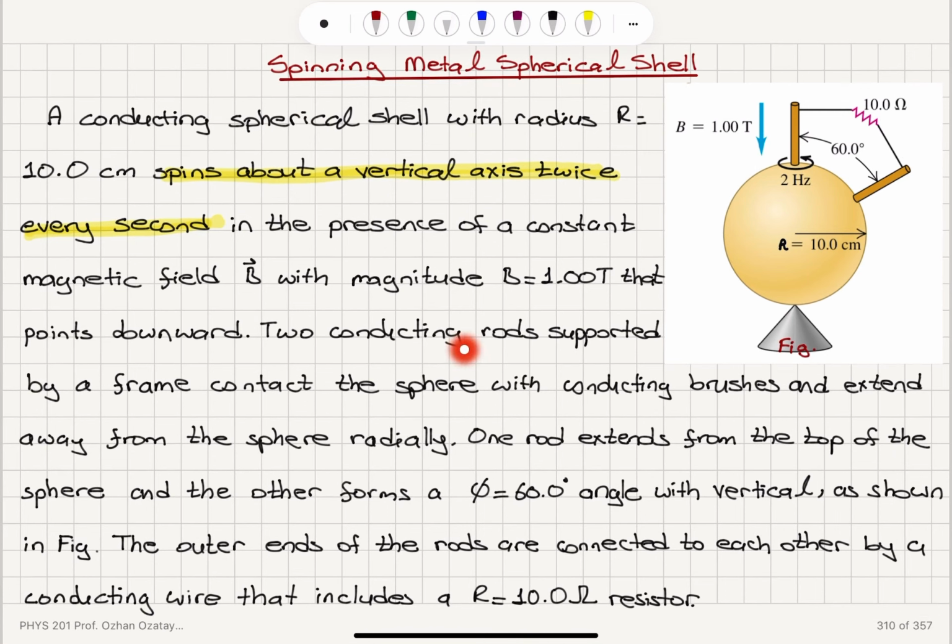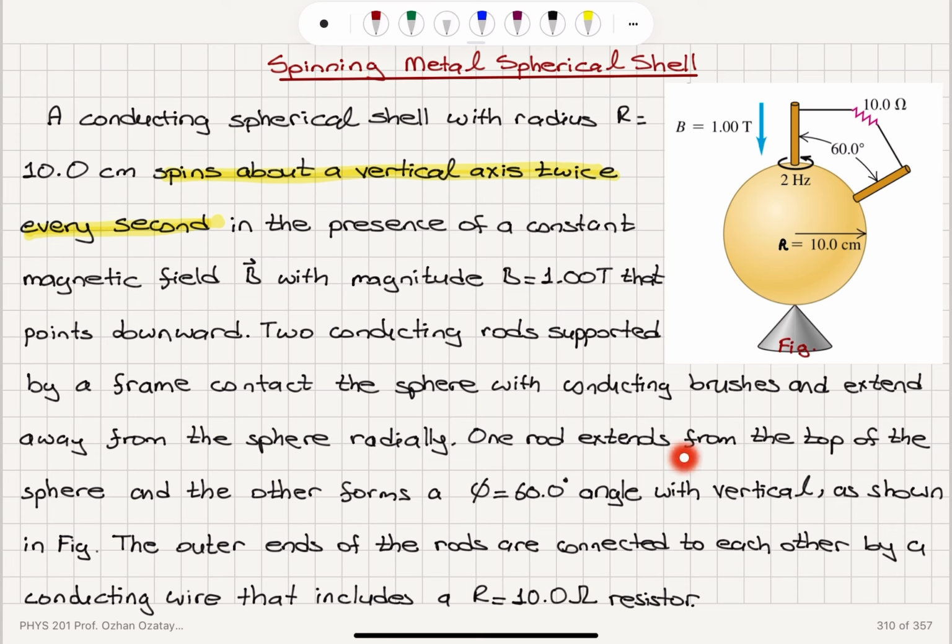Two conducting rods supported by a frame contact the sphere with conducting brushes and extend away from the sphere radially. So here are the conducting rods.